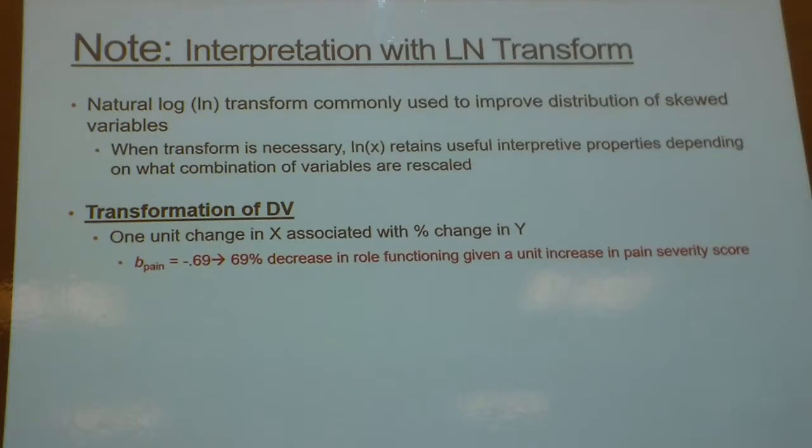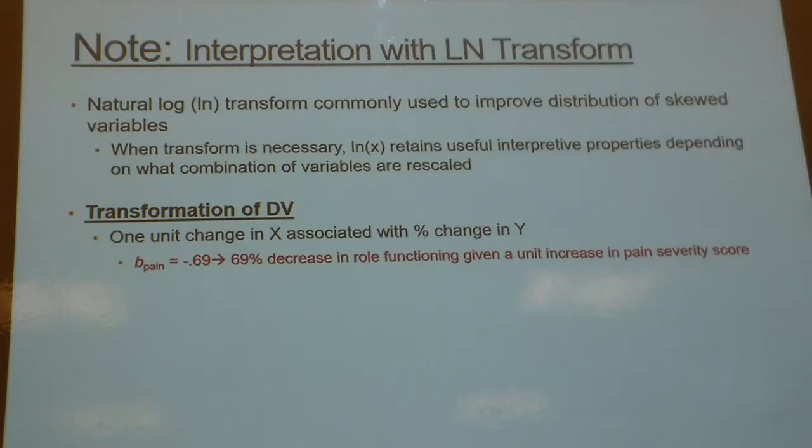This is cool because it actually means something, right? With this model that we just ran, if we're looking at our coefficient for pain severity, we had a coefficient of -0.69. And we would say for every unit increase in pain severity score, we would expect a 69% decrease in role functioning, or a 69% decrease in role functioning is expected given a unit increase in pain severity, right?